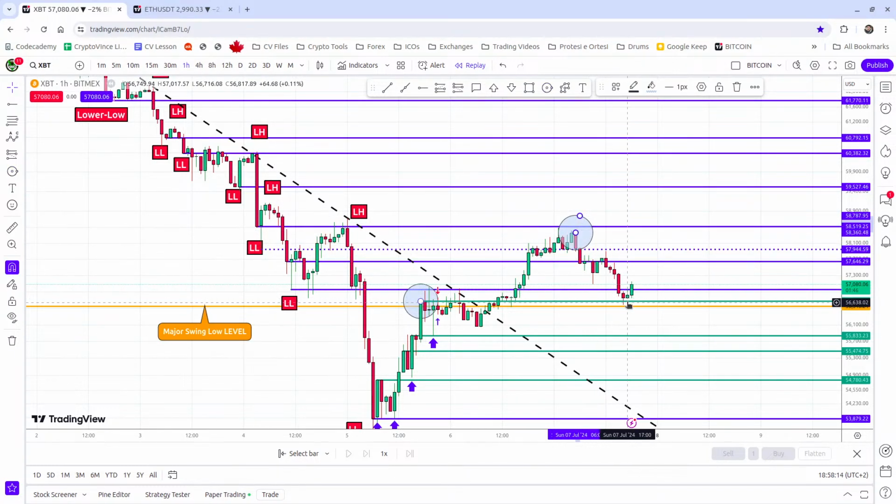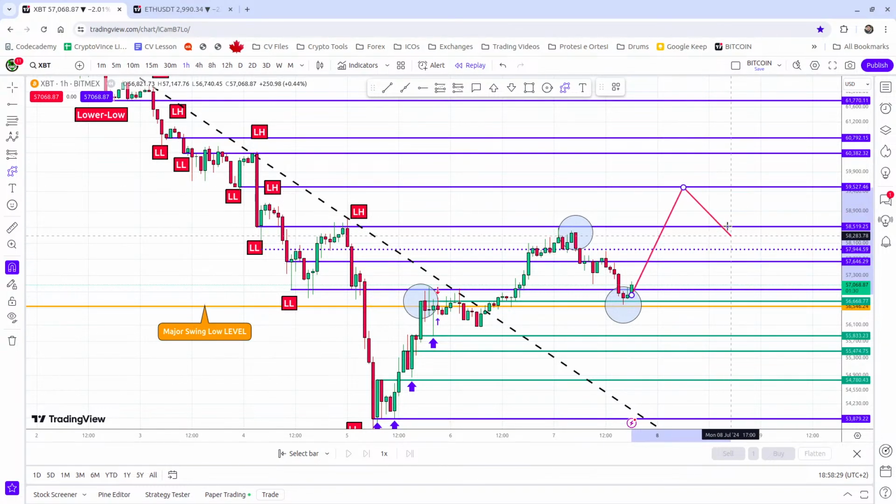Now we went down, we stopped above the previous high, and this is still good for the bulls locally. I mean, price could just start to go up again here and take out this high and keep going.